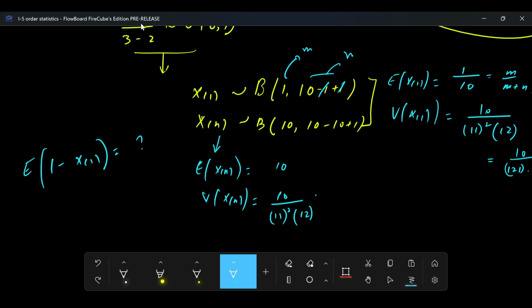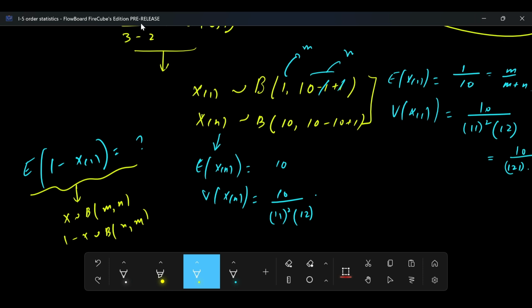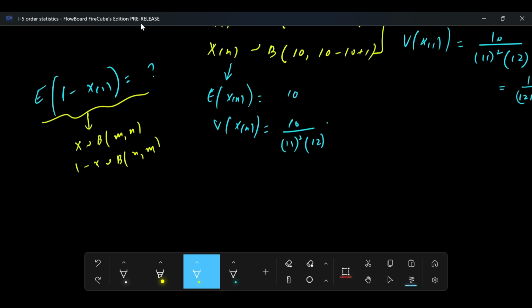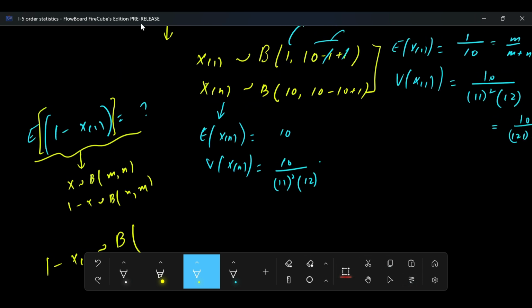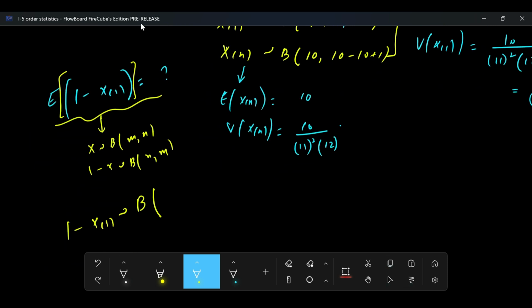Now here we are using the property that when x follows beta(m, n), then 1 minus x follows beta(n, m). x1 will follow beta(1, 10), then 1 minus x1 will follow beta(10, 1).